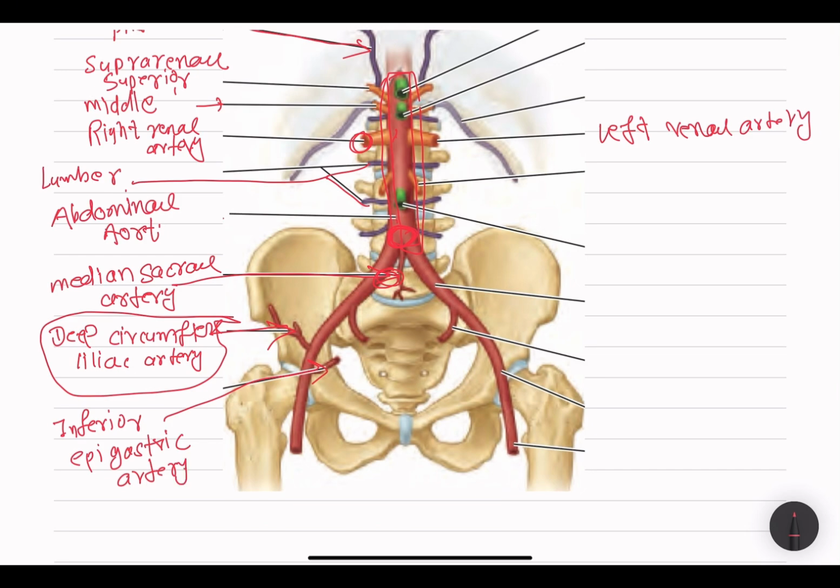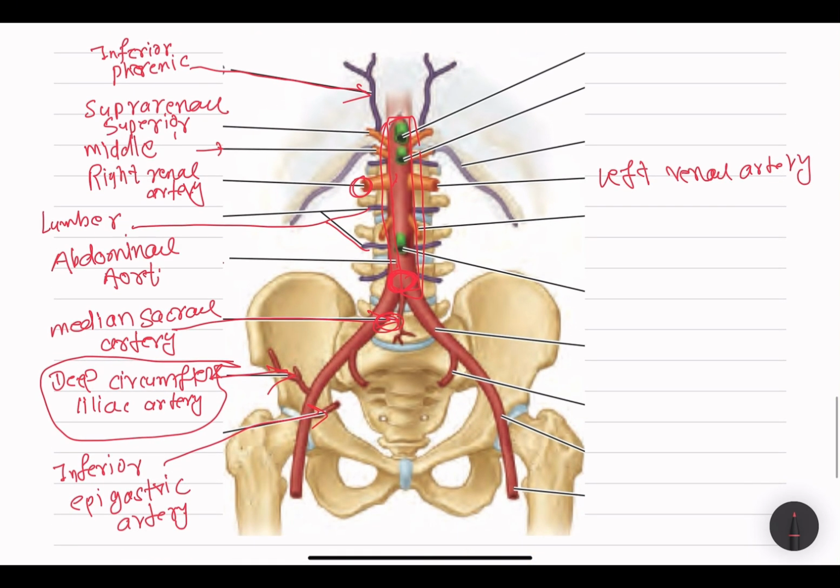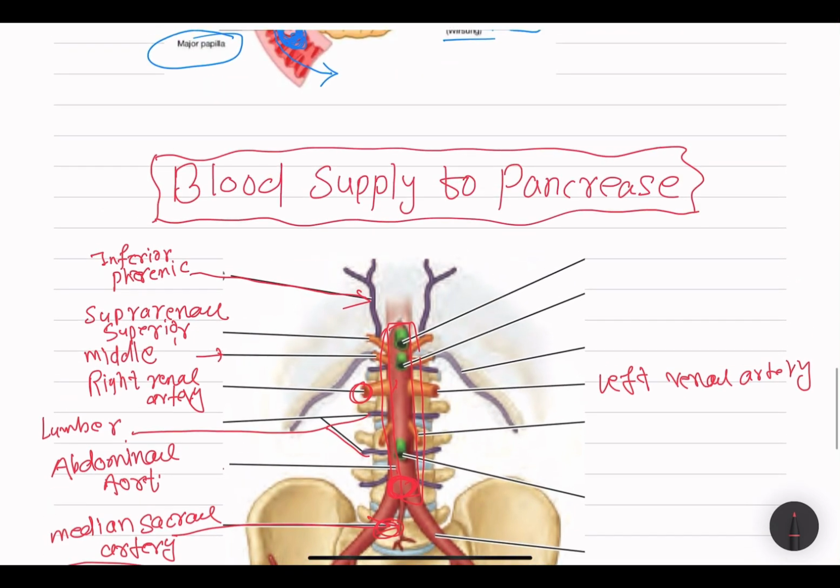I'm giving this brief overview so we can understand which arteries of the pancreas come from where. Now this is the main one I will discuss later for our pancreas: the celiac trunk. This is the main one.